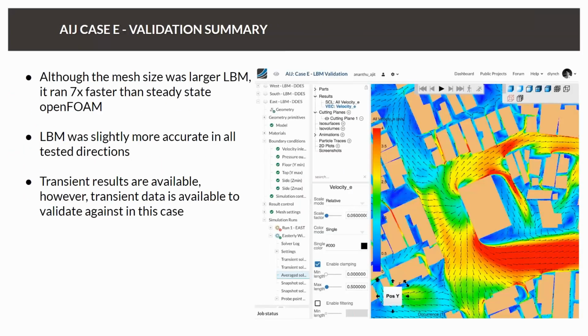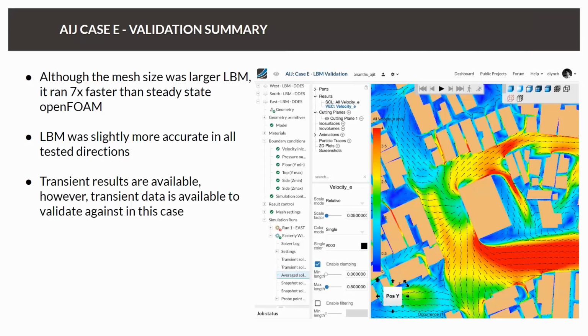So to summarize what we've covered today, we've looked at this validation case, and we've established that although the mesh size was much larger in Lattice-Boltzmann, it ran about 7 times faster than steady-state OpenFOAM. It was slightly more accurate, and that was in all directions, and the transient results are available.